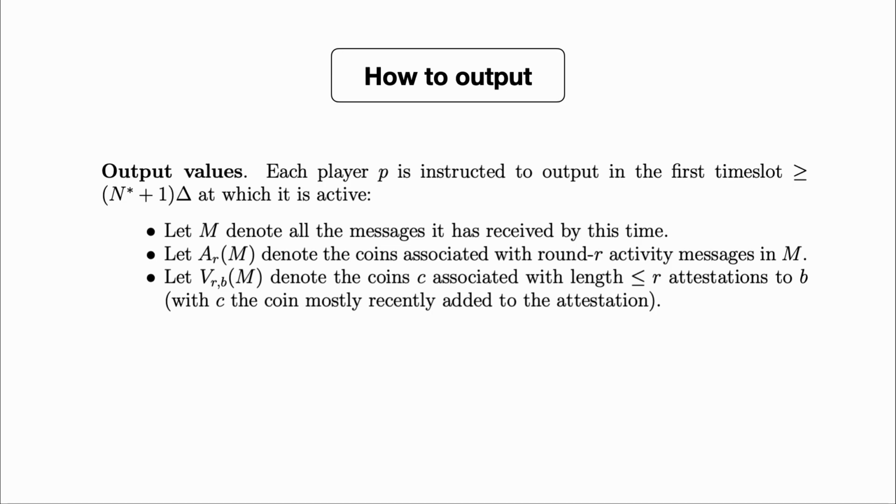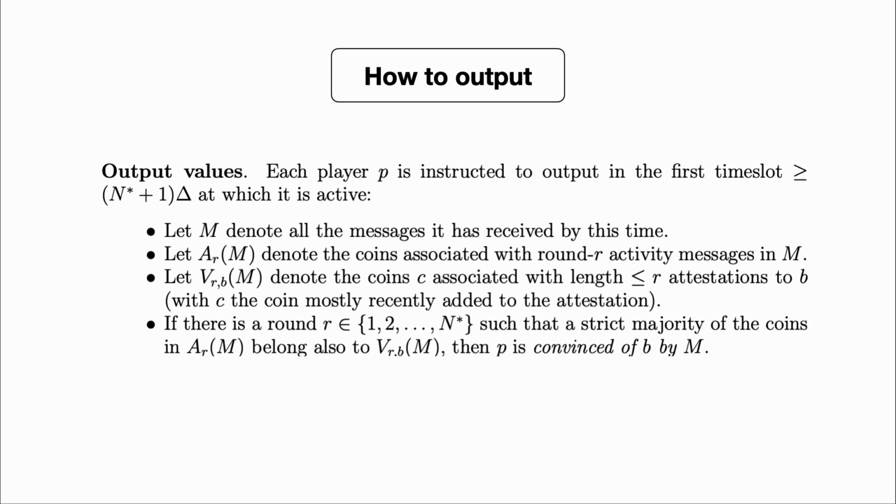And then let V_r^b(M) denote the coin C associated with length less than or equal to r attestations to b, with C the coin most recently added to the attestation. So these are just all the coins that, according to the messages in M, have sent out length less than or equal to r attestations to b. Okay, so those were just some simple definitions.